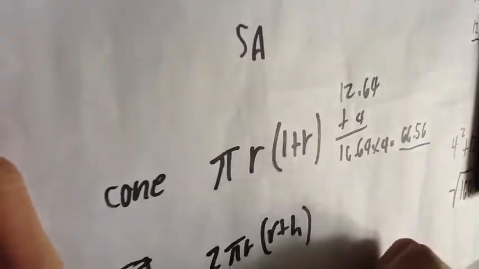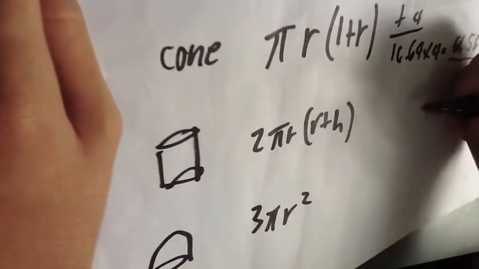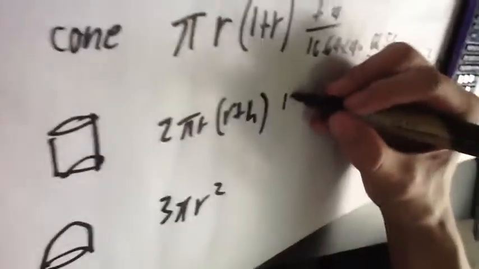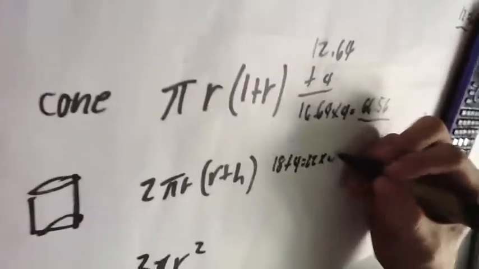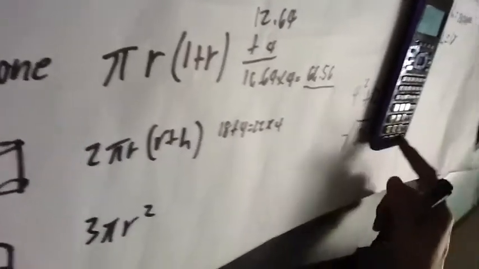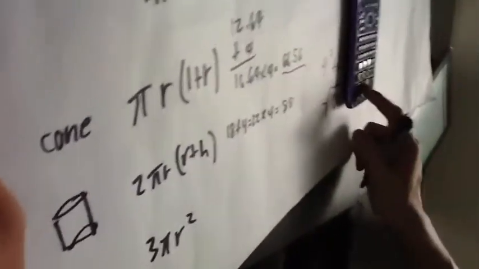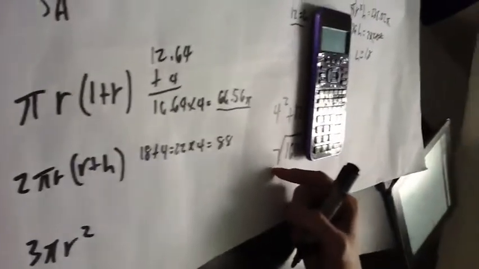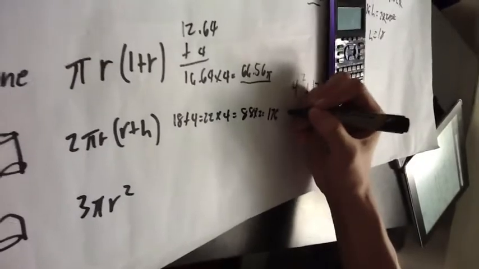So for the cylinder, since we know the radius again, and the height, which is 18. So 18 plus 4 equals 22, times 4 is 88, and then times 2 again, because it says here times 2, which is 176 pi.